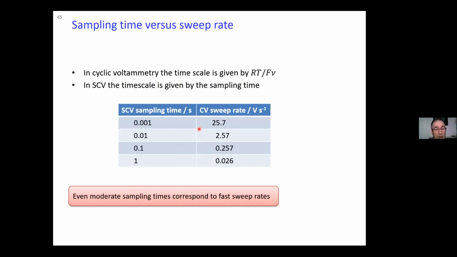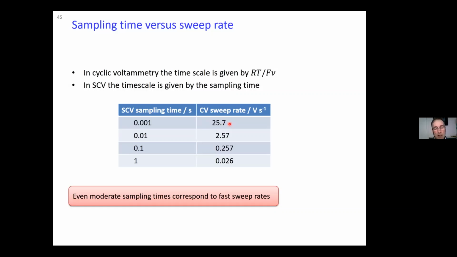So you can see that these sampling times allow you to achieve the same sort of time scales as you would with conventional cyclic voltammetry. But whereas the slower time scales are very easily achievable with almost the cheapest electrochemical workstation, this sort of sweep rate is already difficult to achieve with the cheapest electrochemical workstation.